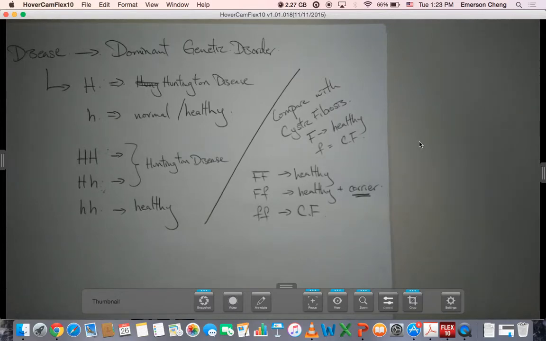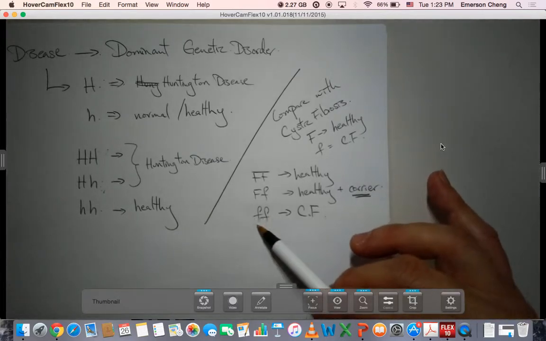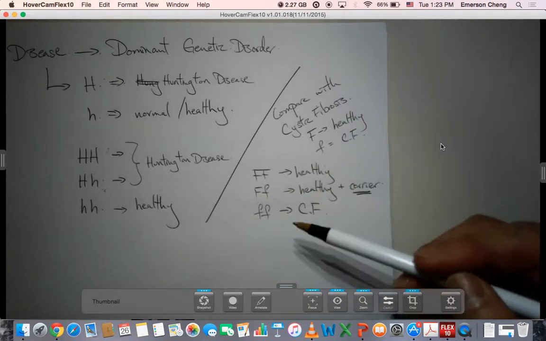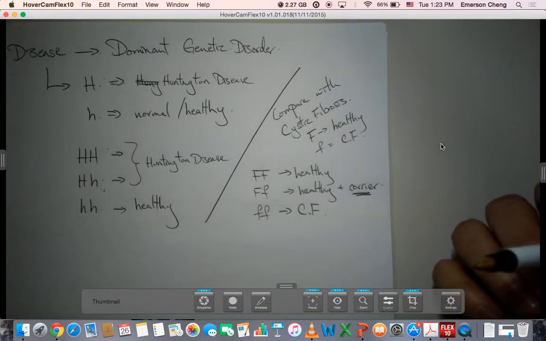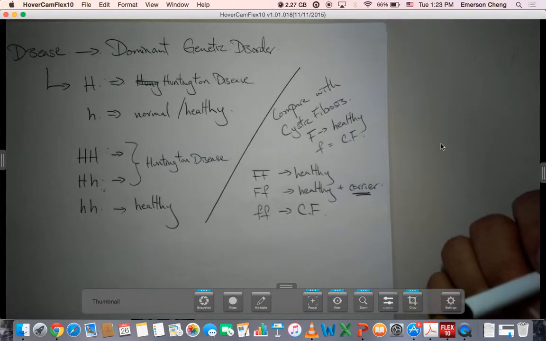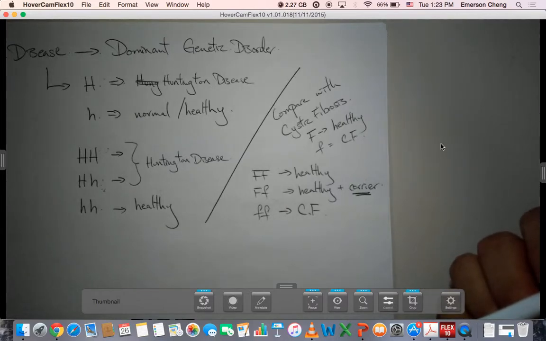Now, thankfully, most genetic disorders only happen in a recessive trait. That is one reason why inbreeding, having kids with your close relatives, is always not a good idea, not just because it's against the law.